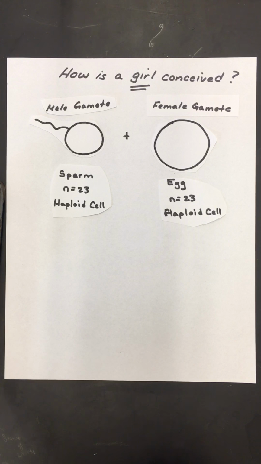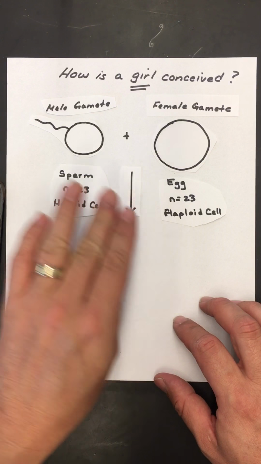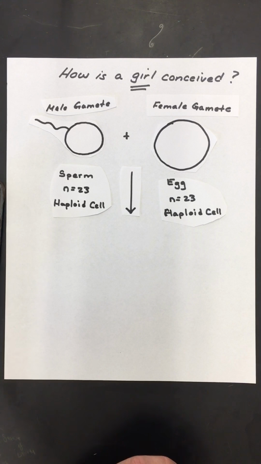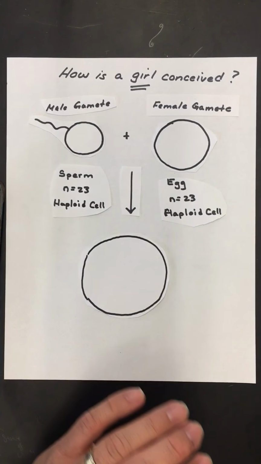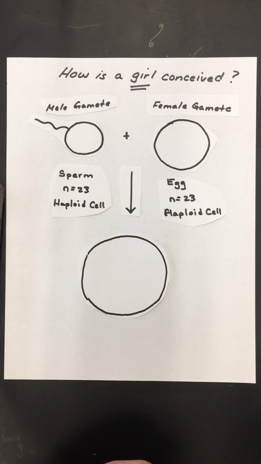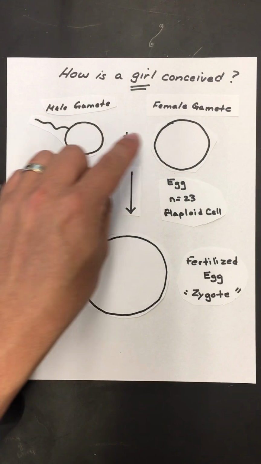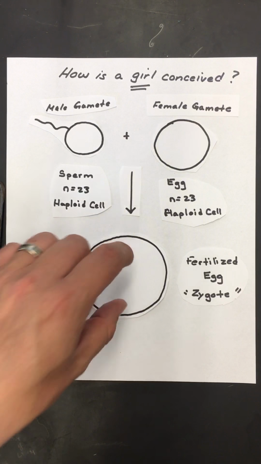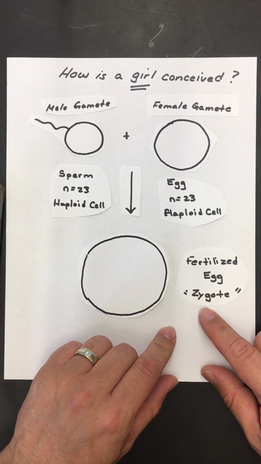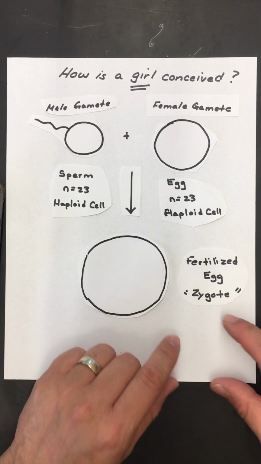Now we have a situation where if the sperm went into the egg, now we have a new cell, okay, that we call a fertilized egg, right? So if the sperm goes into the egg, that's a fertilized egg here. And a fancy word scientists like to call fertilized eggs is zygotes, okay, or a zygote, right?